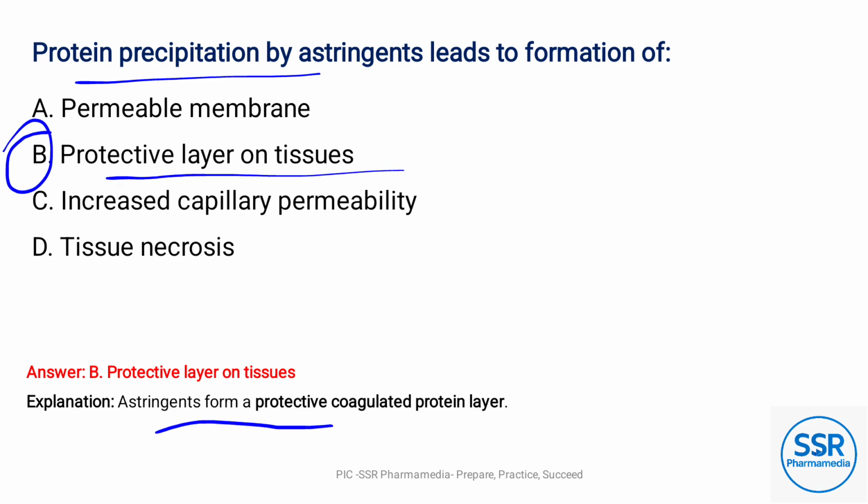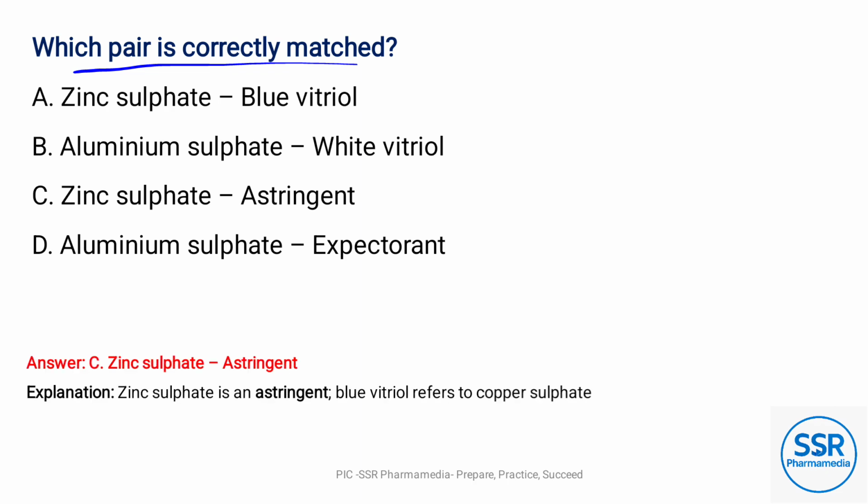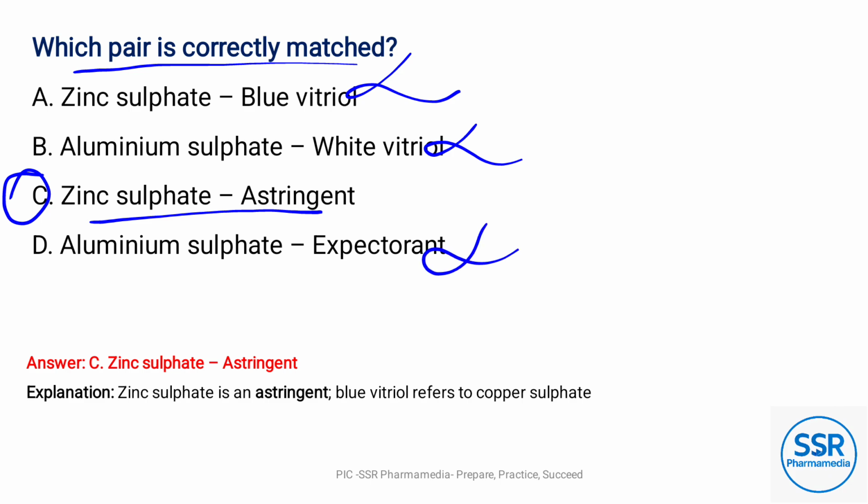Astringents form protective coagulated protein layers. Which pair is correctly matched? Option C, zinc sulfate and astringent. The others are wrong, so this is the correct one.